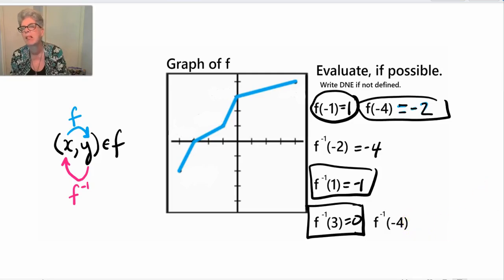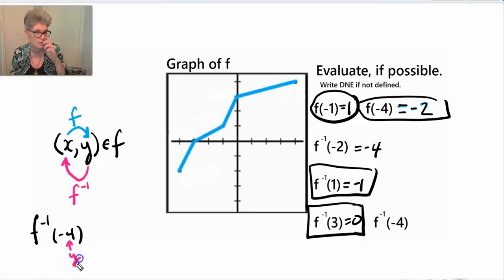Okay, and the last one, we're going to try and find f inverse evaluated at -4. So if it's f inverse, and I've got the graph of f, I want the y-coordinate to be -4. Now I look at this graph, and -1, -2, -3, -4.